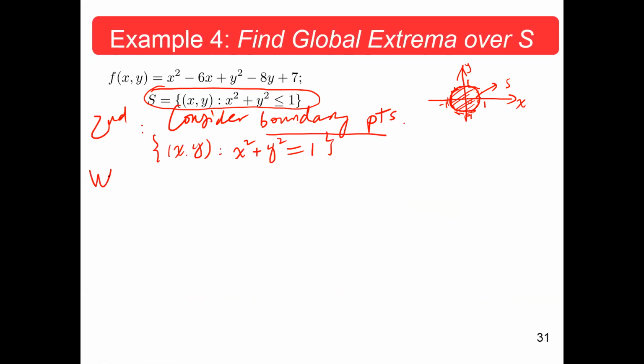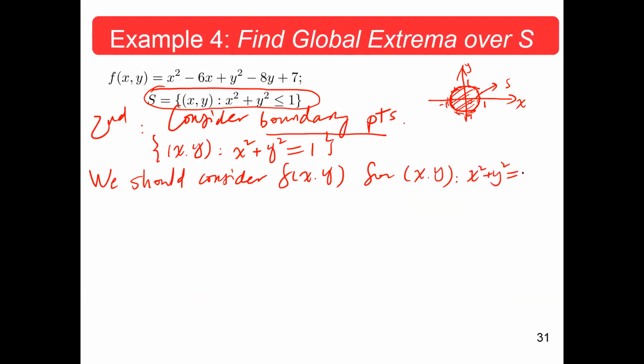So we should consider the values f of x, y for those points x, y such that x squared plus y squared equals 1.